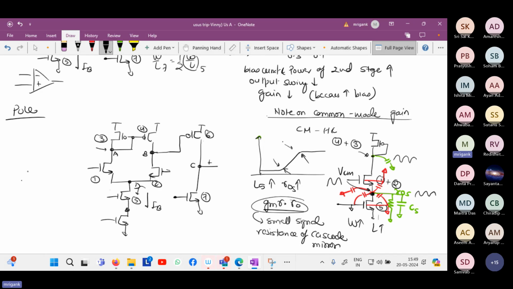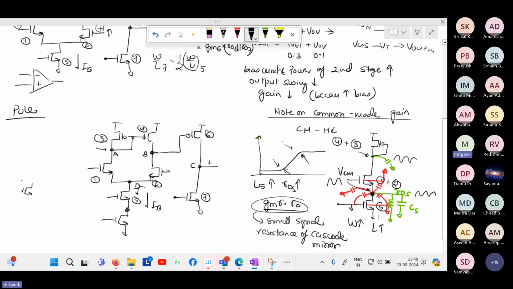Yes, why will the ICMR reduce? Because if you use a cascode, the minimum source voltage is required. Earlier if you had only one device, the minimum source voltage, V in CM min, is decided by what?